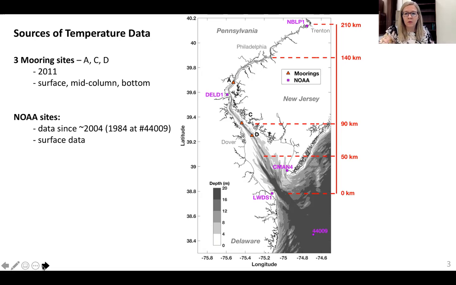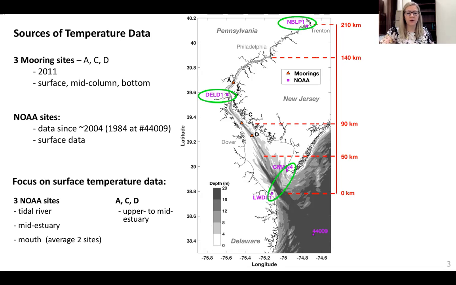In the purple squares, I'm showing the NOAA sites that have surface temperature data only, and most of these sites have data since 2004. Though I'll note that the ocean site 44009 has data from 1984 onwards.